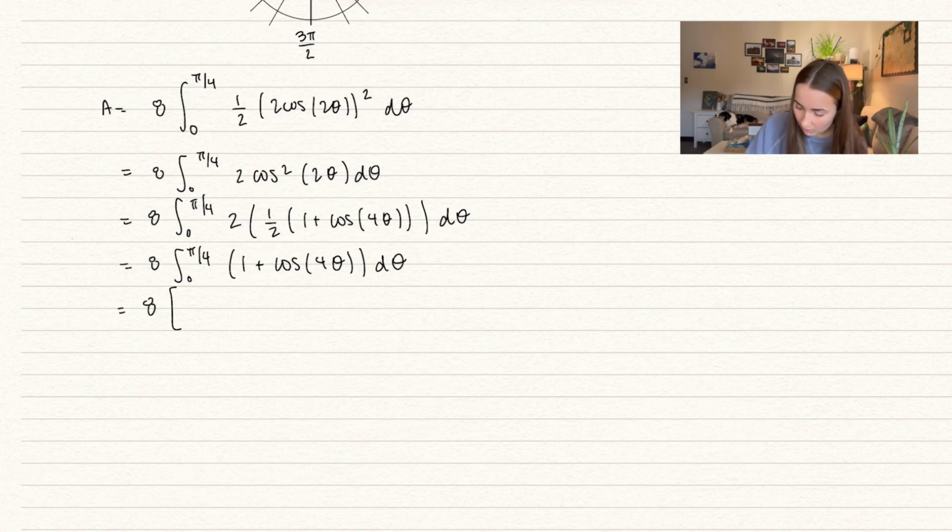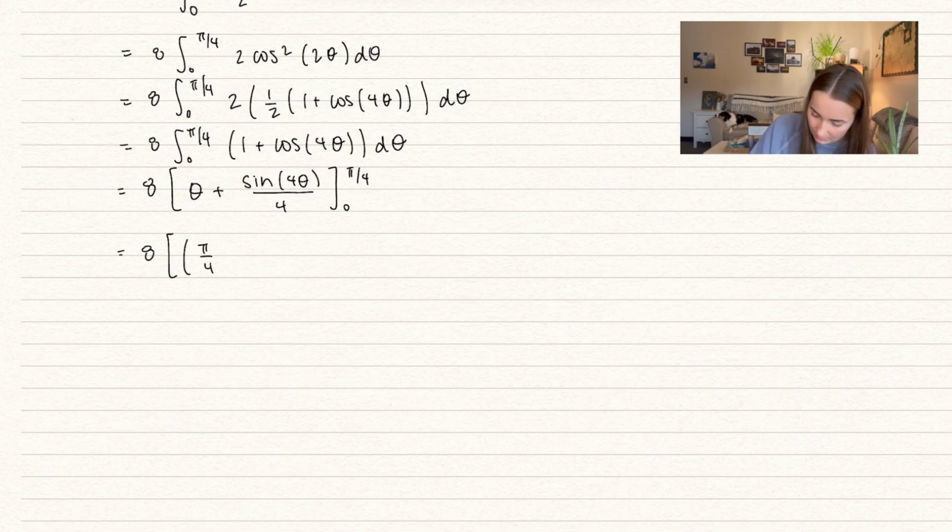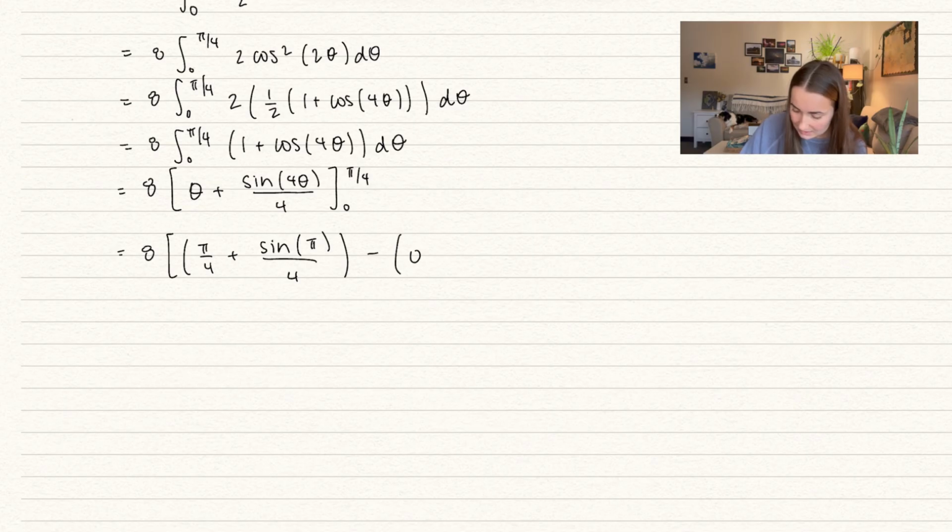We get the integral of 1 is just equal to theta plus, that becomes sine of 4 theta divided by 4, between 0 and pi over 4. So now we're just going to plug in our bounds. We get 8 times, we're going to do upper first, pi over 4 plus sine of pi over 4 times 4, which is sine of pi divided by 4, minus, let's plug in 0: 0 plus sine of 4 times 0, which is just 0, divided by 4.